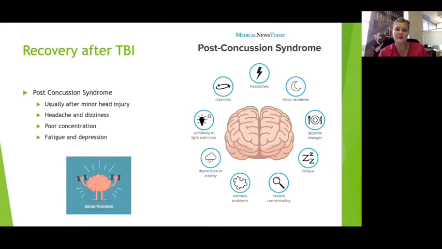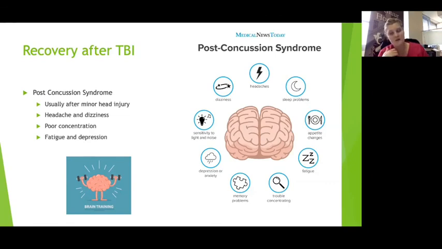Also, just know of something called post-concussion syndrome, and as Murphy's Law would have it, usually the patients that suffer the most severely from post-concussion syndrome are the patients that had the minor head injuries, the milder forms. They usually sit with the symptoms for much longer periods.